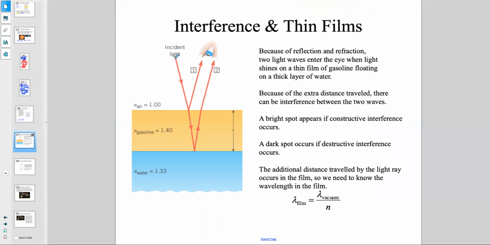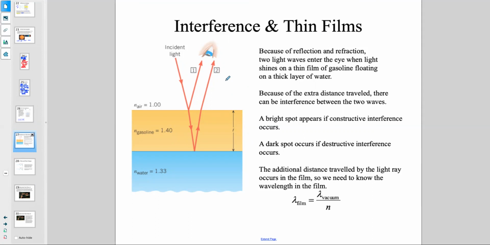The incident light will come in, part of it will be reflected as ray 1, part of it will be refracted, and then that refracted beam will be reflected and go as ray 2 to our eyes. So these two rays, 1 and 2, will interfere, and based on this thickness and the index of refraction of the gasoline, these two will interfere either constructively or destructively.